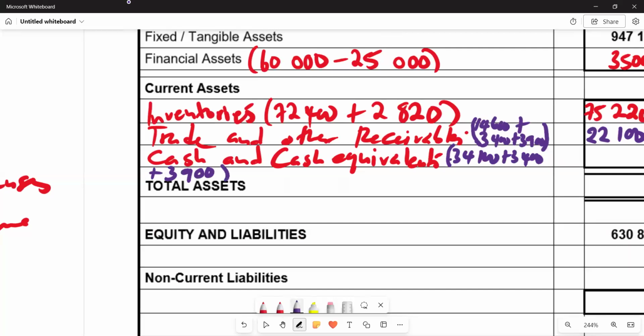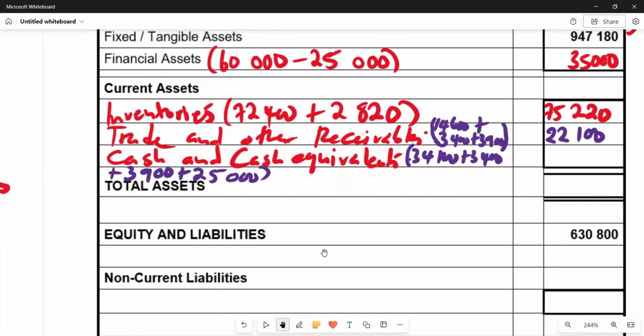And then we close. We also have that fixed deposit that is now part of our cash and cash equivalent, which is 25,000. So add it like that, the total will come here. So add there, you see that total that you're supposed to get there is 62,600.